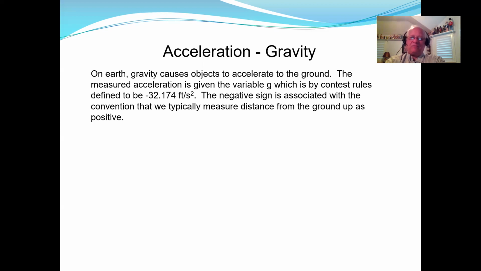People have done experiments in large vacuum chambers where they pull the air out to a very low air pressure, and they drop a feather and a lead weight over a fairly large distance, 10 or 20 feet in this humongous vacuum chamber. And indeed, the feather and the lead weight drop at the same rates, or with the same velocities, and hit the floor at the same time because they're accelerating at the same rate.